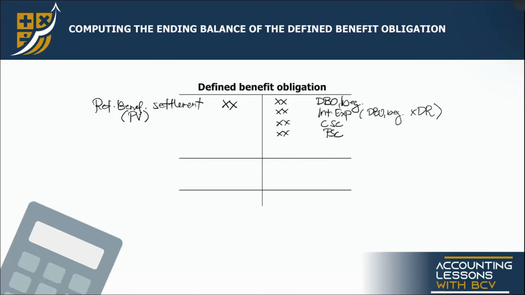Okay? Later on, sa mga problems, makikita natin yan. Makikita nyo yung difference between the retirement of employees as expected, employee retirement in advance. Ayan, makikita nyo later on. Okay? Sige. So, summarize nyo yan, magkakaroon tayo ng tinatawag na DBO before adjustments.